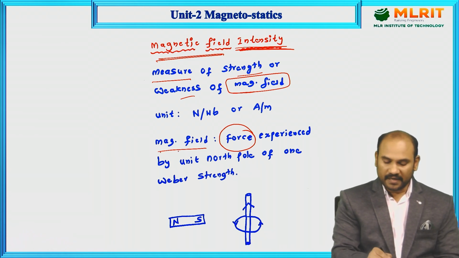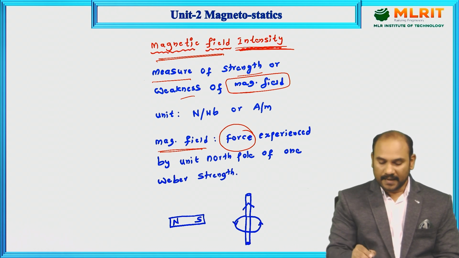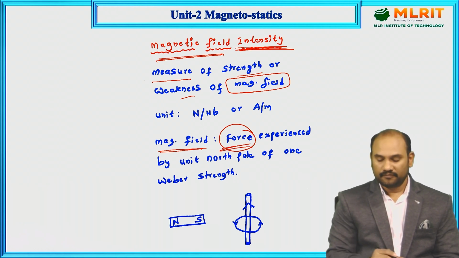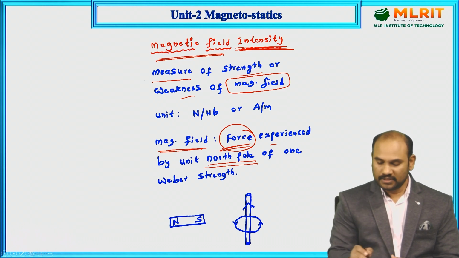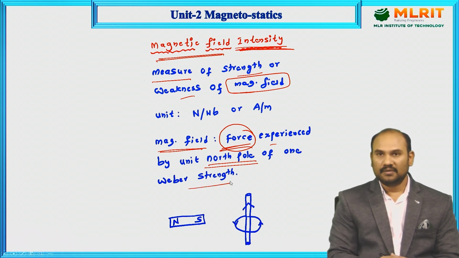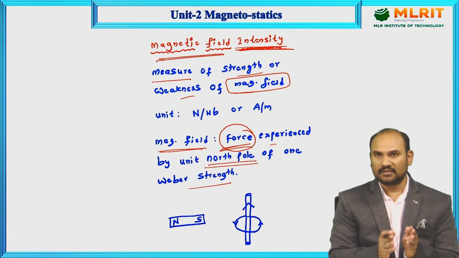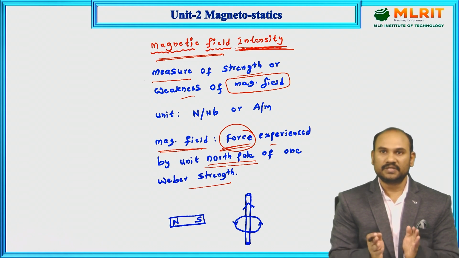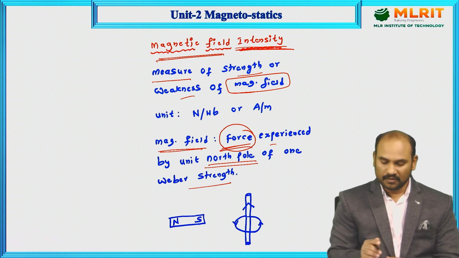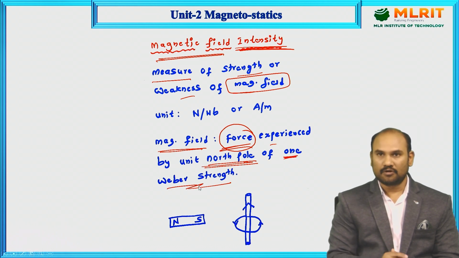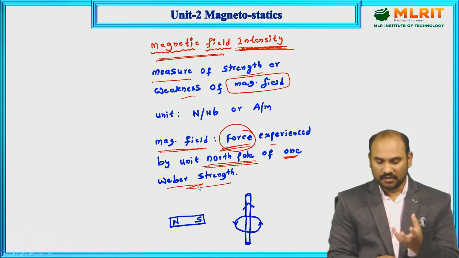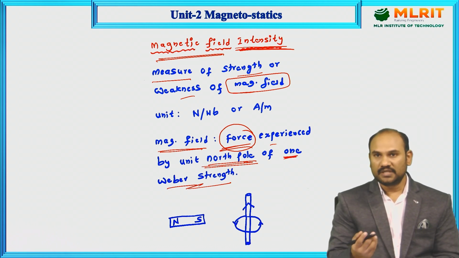So what is magnetic field? It is the amount of magnetic force experienced by a unit north pole, which is of unit strength. Unit means, because magnetic pole strength is expressed in terms of Webers, unit north pole means 1 Weber of north pole strength, and how much magnetic force it is experiencing.